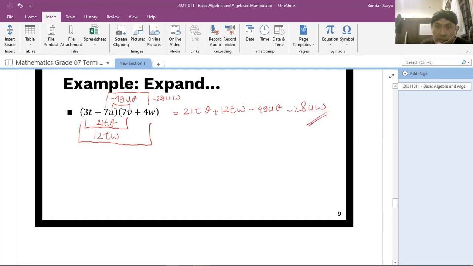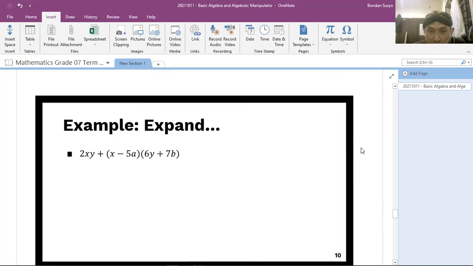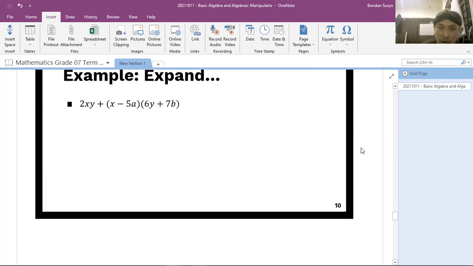That's it. This is our result. As you can see, there are no like terms in this case, so just leave the answer like this. And also, accuracy is very important in algebra operations.